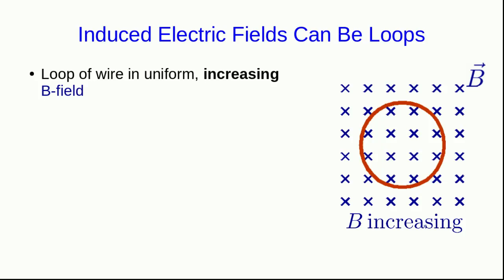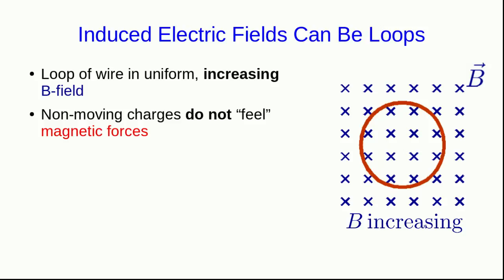We've already seen that for a loop of wire in an increasing B field, like in this picture, there will be a current induced. But these are non-moving charges inside the wire, and so they don't feel magnetic forces. It isn't that B field that's causing them to start moving so that there's a current in the loop.